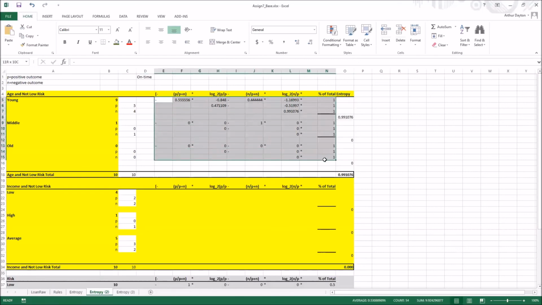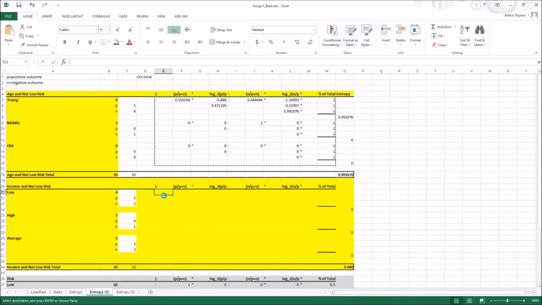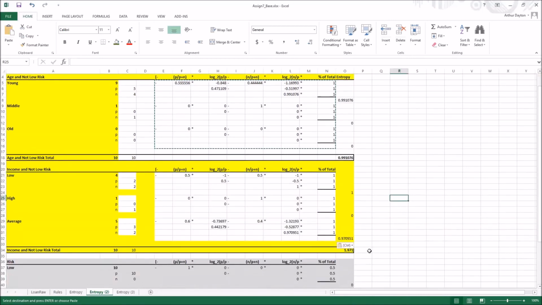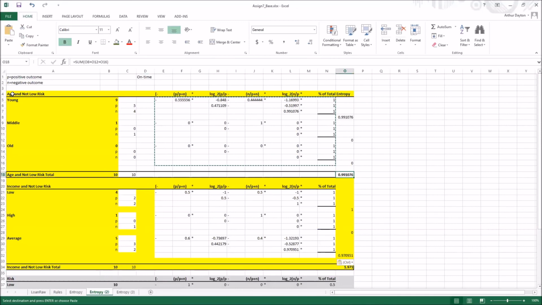At this point then, we should be able to just copy paste the calculations, and we can grab these from our other sheet or from right here. Either one ought to work just fine. I'm going to paste those in, and we can see now with these two calculations that the greater discriminating value, because the number is lower, is offered to us by our age category, where risk is not equal to low.